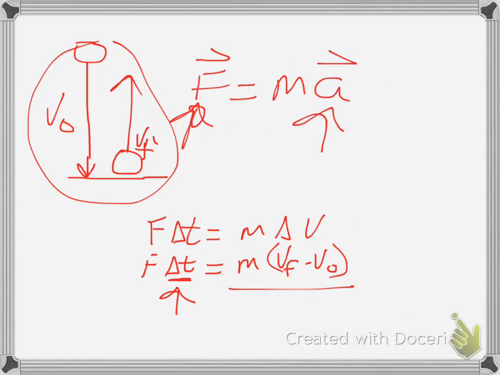So for instance, seat belts, airbags, crumple zones in cars, all of that is in there and put in place to try to make it so that the time increases, thus the change in momentum of your body in an impact is not as violent. So that's pretty simple, I guess.